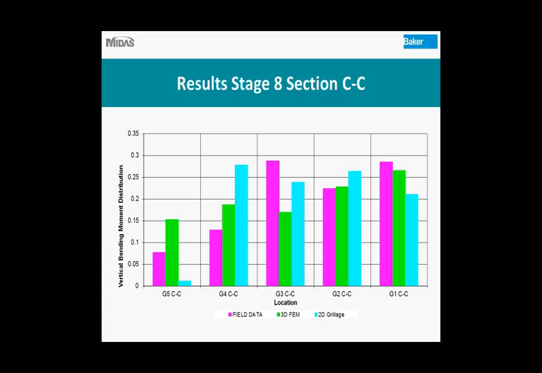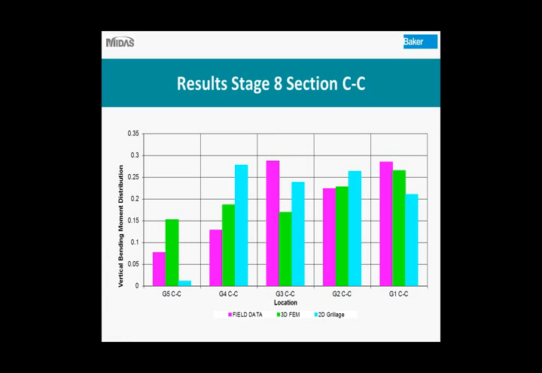And you'll see that we have varying results looking at this graph. For example, if we look at girder 2, location CC, our 3D finite element model is nearly exactly predicting the vertical bending moment distribution.